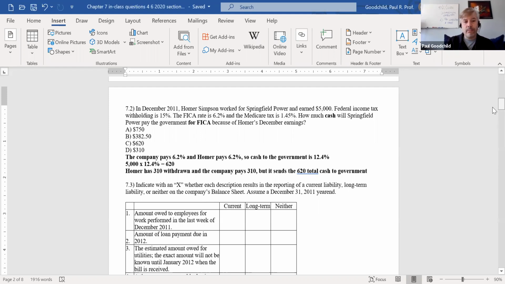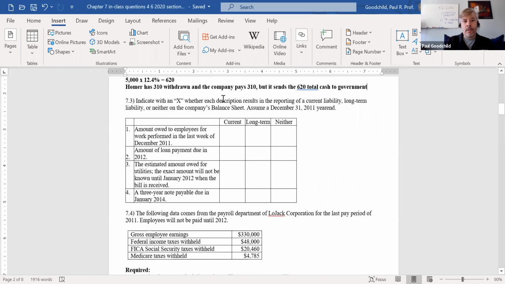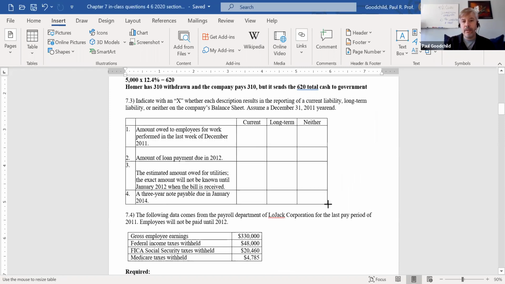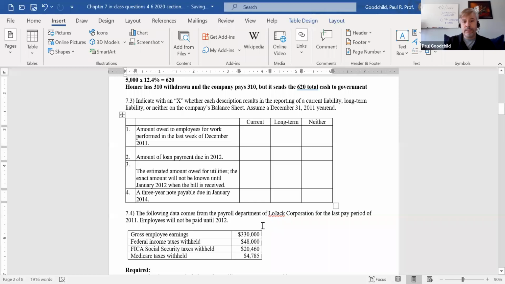Okay, so now take a minute and go through and classify 1 through 4 as current, long-term, or neither for liabilities. This just tests where you are at and your understanding, and this will be important for all of the payment types that we talk about in this chapter.